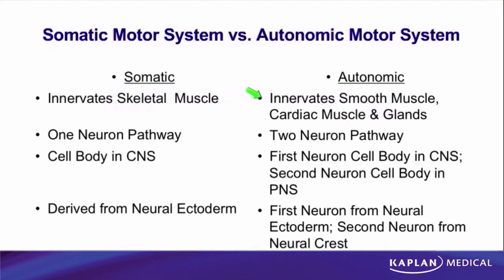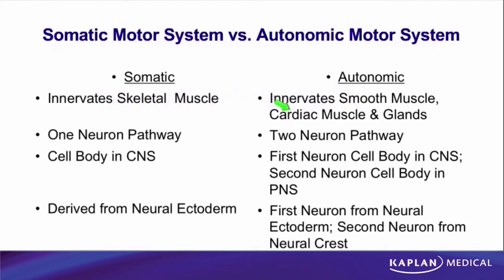And similarly, smooth muscle, glands, and so forth usually operate involuntarily by reflexes, but sometimes there is voluntary control that can be learned. So the key definitional difference between somatic and autonomic is what the end organ is that's being innervated. Skeletal muscle for somatic; smooth muscle, cardiac muscle, and glands for autonomic.